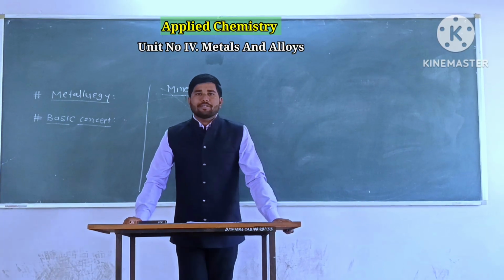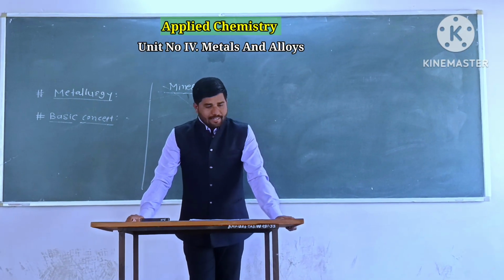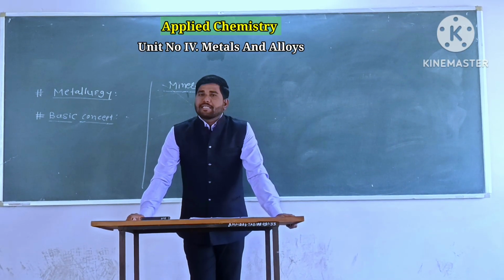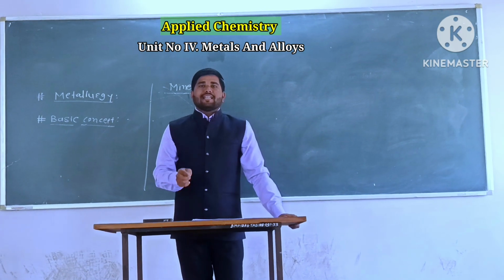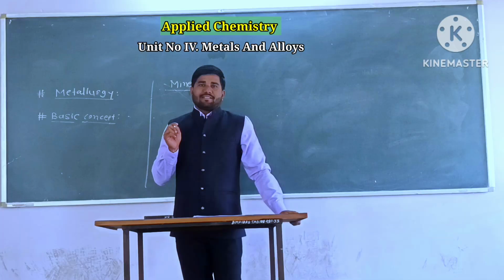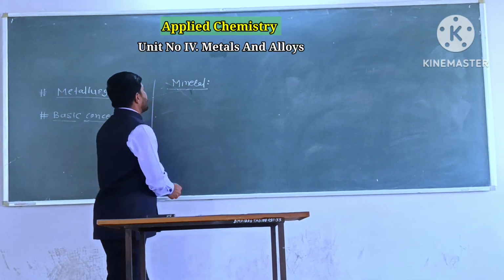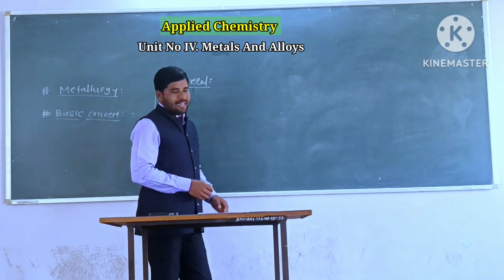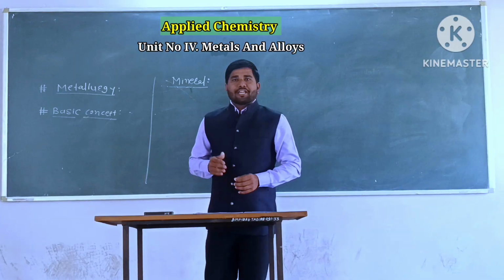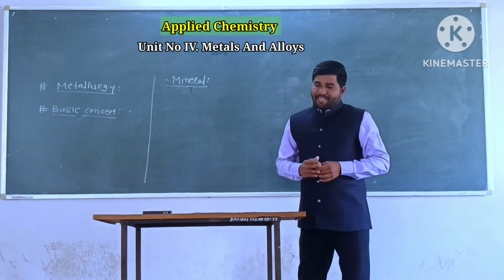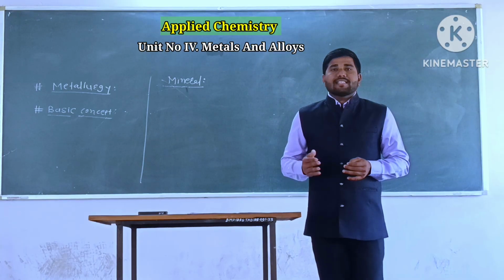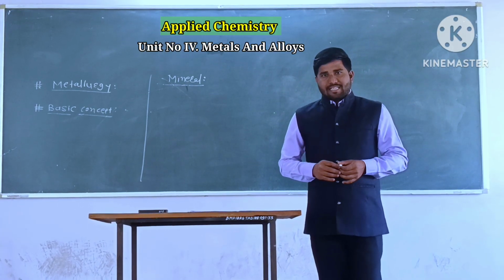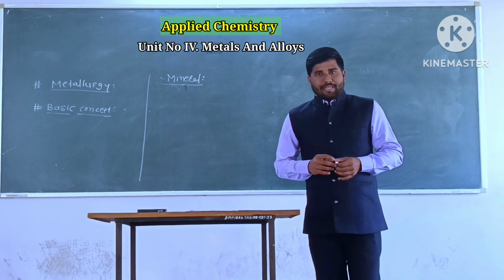So how do we define the word mineral? A mineral is a naturally occurring substance present in the crust of the earth. The different examples of minerals are quartz, calcite, cannonite, sulfur, and feldspar. Apart from these, many more examples are present in our environment.